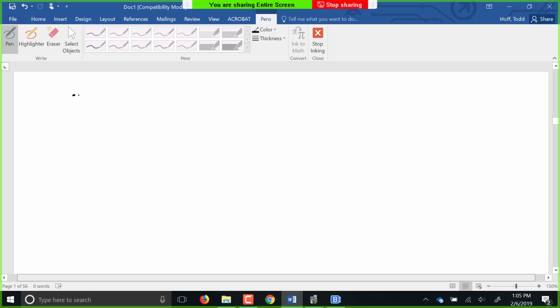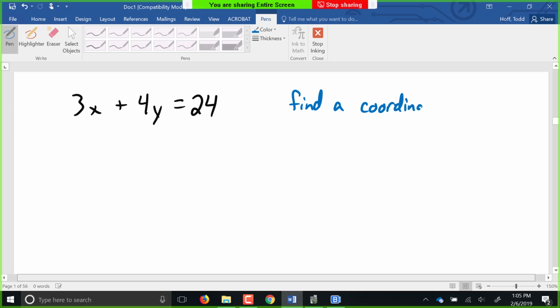What if we have the equation 3x plus 4y equals 24, and I want to find a coordinate with y equals, let's see here, y equals 5. Really doesn't matter. We can work with fractions, right?